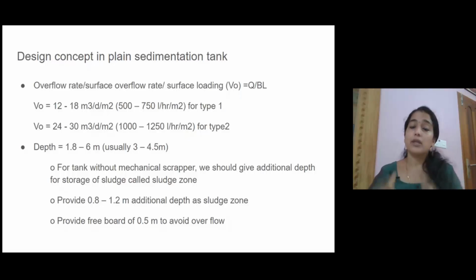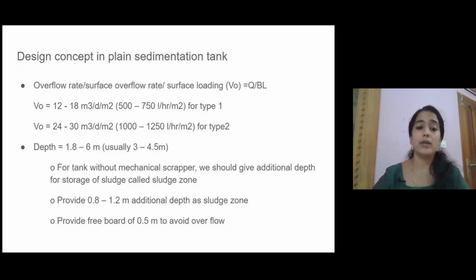For a tank without a mechanical scraper, that is for manual removal of the sediments, we should give additional depth for storage of sludge, called the sludge zone. In accordance with the sediment deposition in the tank, we have to consider the sludge zone.